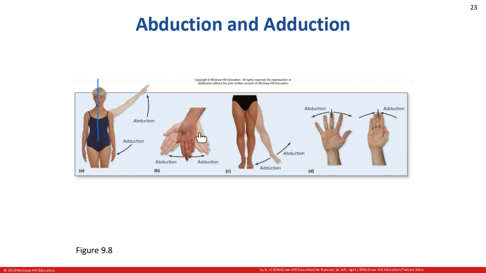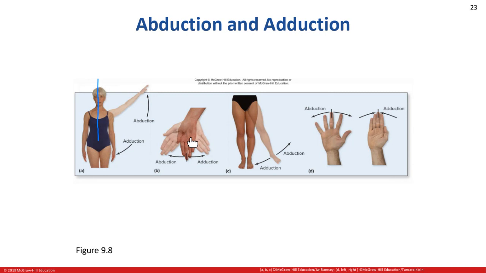Now the hand one's a little bit different. Well, no, not the hand one, so I'm jumping ahead here. This is in the anatomical position. So if your palms are facing forward, if I try to bring my thumb and touch it to my forearm, I'm bringing it away from my midline, right?